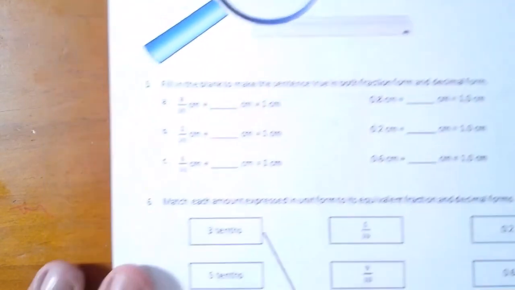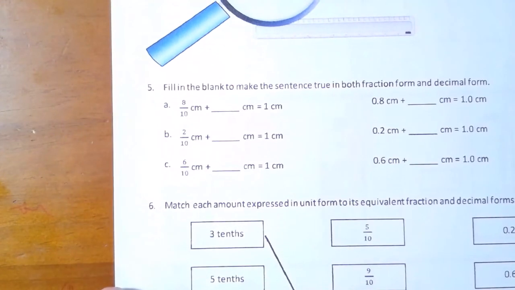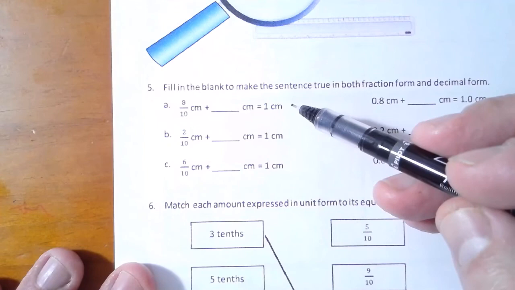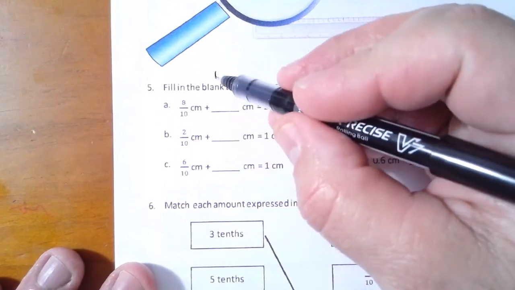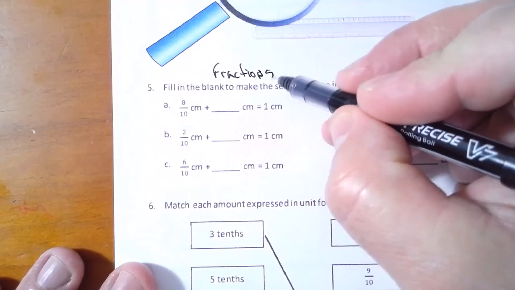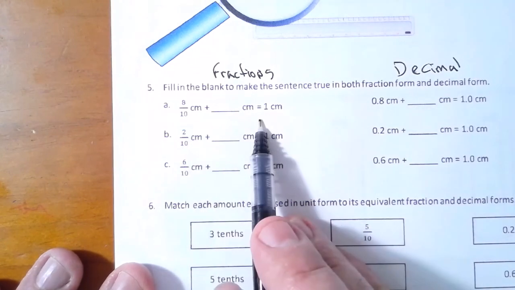All right, let's look at number 5. It says, fill in the blank to make the sentence true in both fraction form and decimal form. So what do you have to add in decimal form on this first column? This is going to be fractions for this column, and this column is looking for the decimal. They're asking you, how much more do you need to make 1 whole?